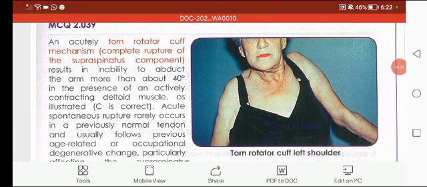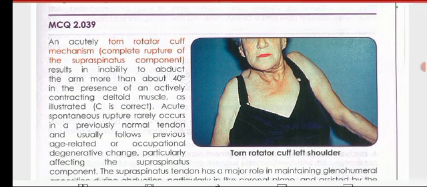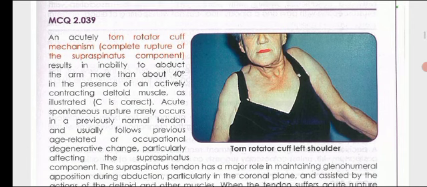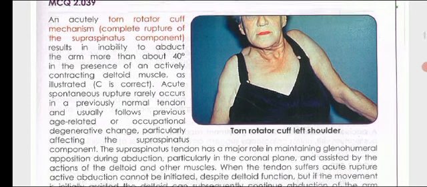An acutely torn rotator cuff mechanism, with complete rupture of the supraspinatus component, results in an inability to abduct the arm more than about 40° in the presence of an actively contracting deltoid muscle, as illustrated here.